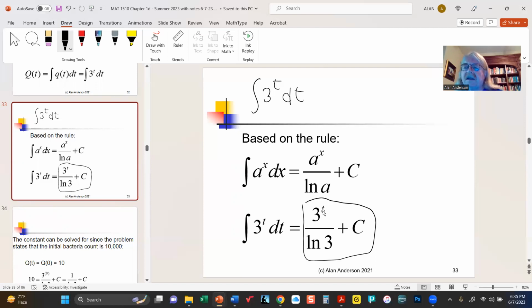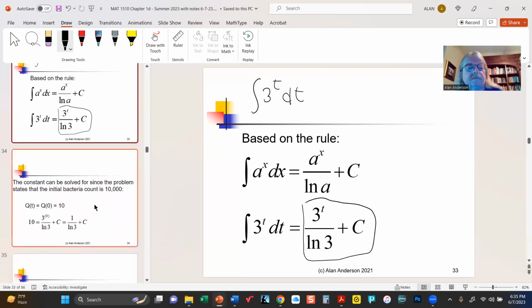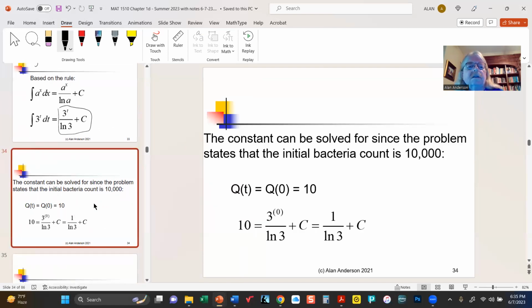And it's interpreted as a certain length of time in the future. T equals 0 means now. Any other t means some point in the future. So in this case, Q of 0 is the starting value. Q of t means how much bacteria there is at that point in the future.